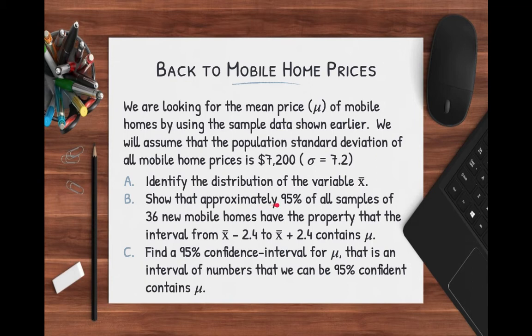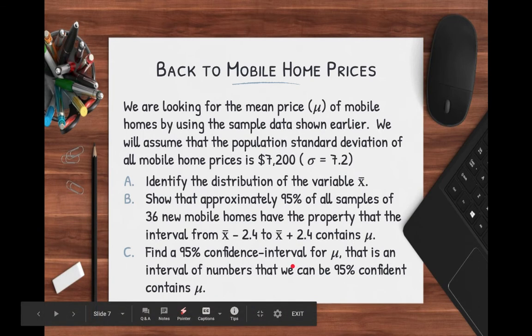We're going to show that approximately 95% of all of the samples of 36 new mobile homes are going to have the property that the interval from the sample mean plus or minus 2.4 contains the actual population mean. And then we're going to find a 95% confidence interval, which means an interval of numbers that we are 95% confident contains mu.